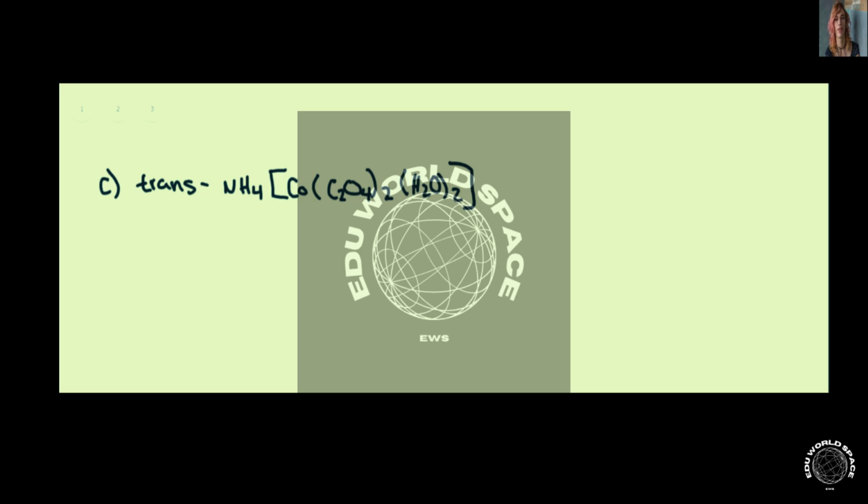So we're going to have Co 1, 2, 3, 4, 5, 6. And this is trans, so we're going to go ahead and put these 2 waters on the top and bottom. So OH2, and then we're going to draw this C2O4 on this side and this side.